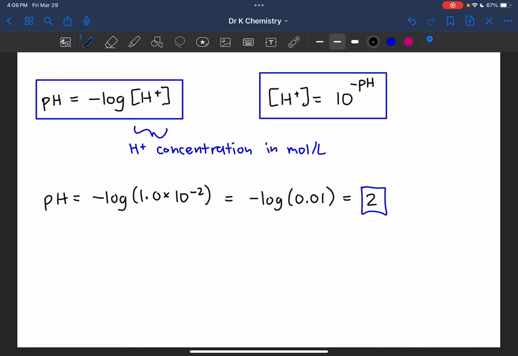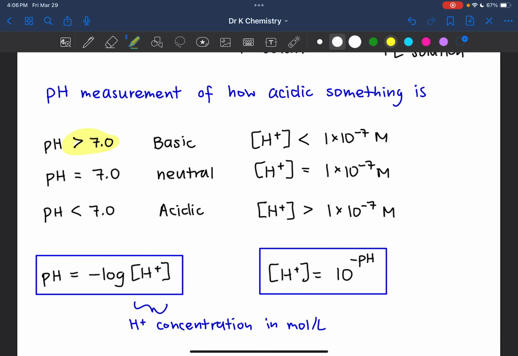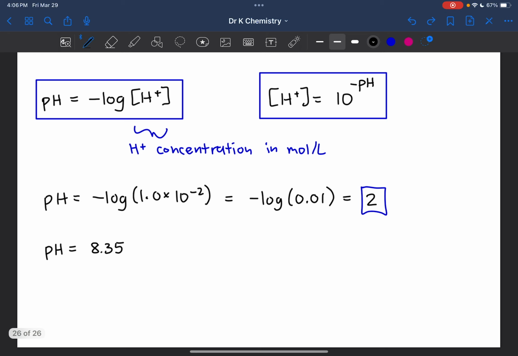So suppose that we know that the pH of the solution is 5. If we were to compare that on the scale, notice that that's greater than 7, so that would be a basic solution. And we want to know, well, how many hydrogen ions are there? We would raise 10 to the power of negative 8.35.